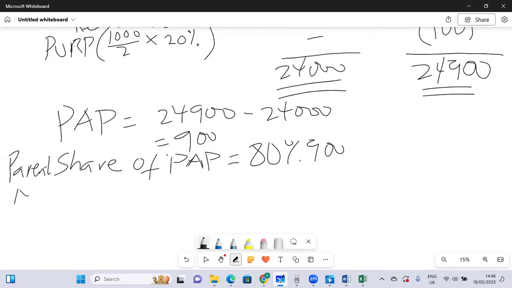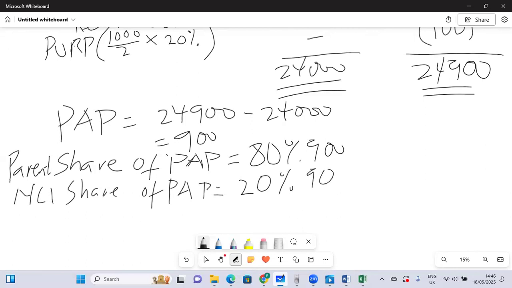And then NCI share of PAP is going to be 20% of the PAP. This is going to be 720. This is going to be 180.